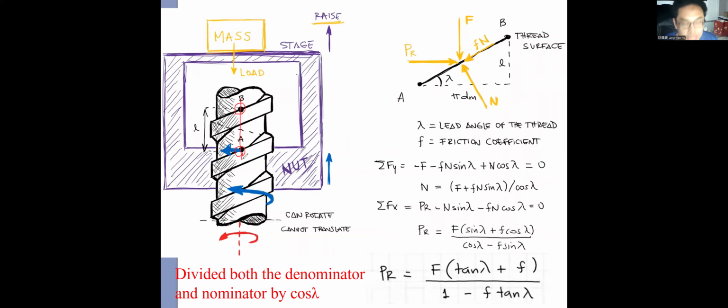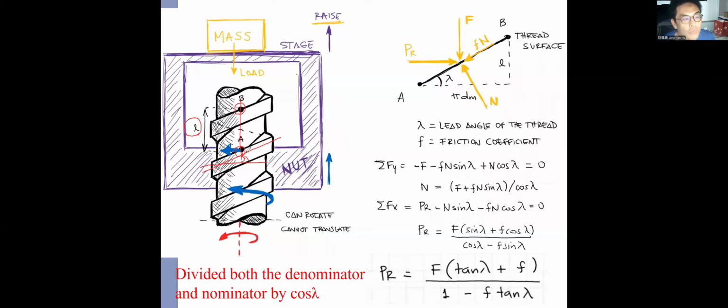The distance between these two points A and B is L. And the lead angle, we can define the slope right here: the slope of the square thread with the horizontal line. This is the lead angle.